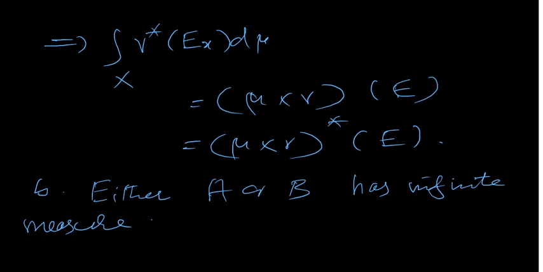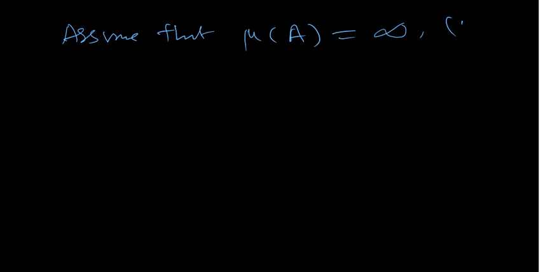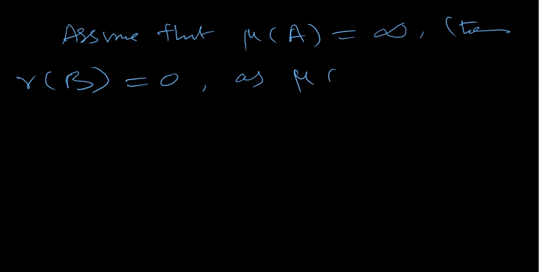Okay, so assume that the measure of A is infinity, then the measure of B must be equal to 0, because mu of A times nu of B is finite.